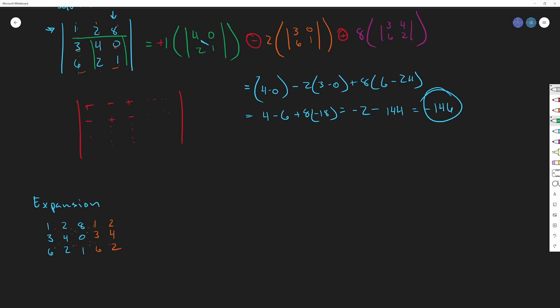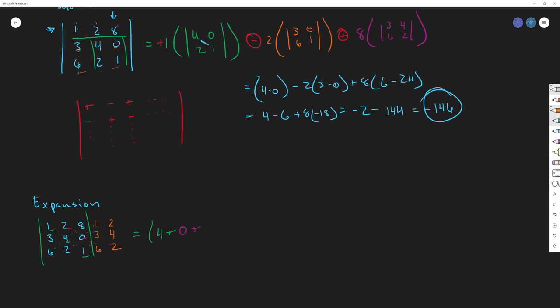And so what I mean by that is the determinant is going to be equal to, so 1 times 4 times 1, it would just be 4, and then we're going to add them all up, and then it's going to be 2 times 0. Well, after that we know it's going to be 0.